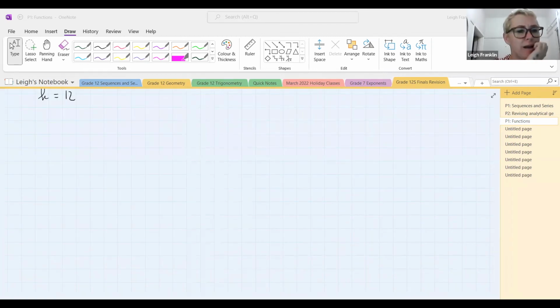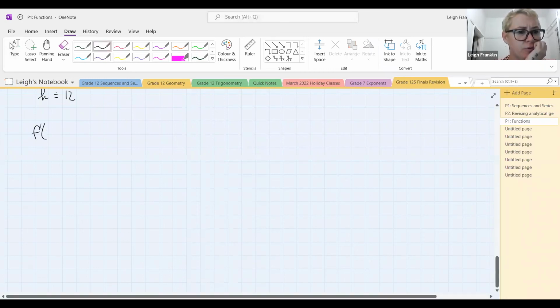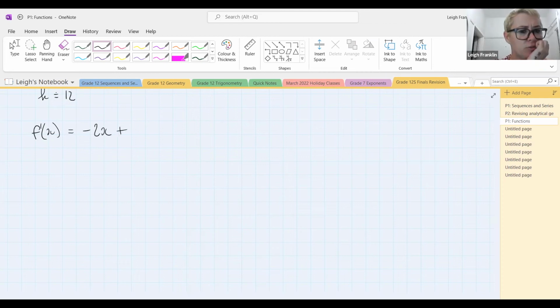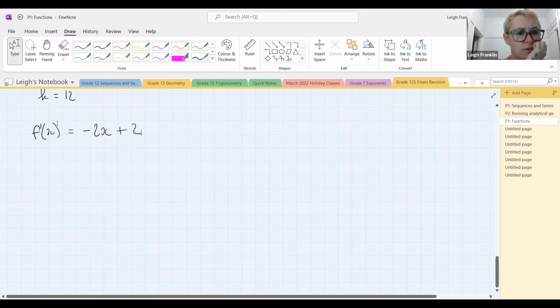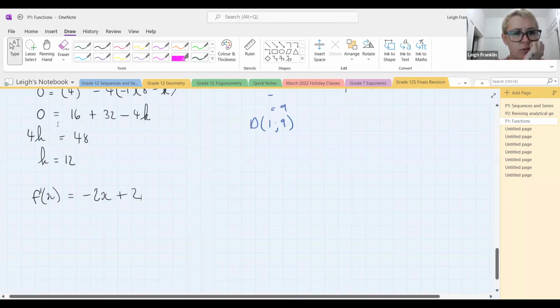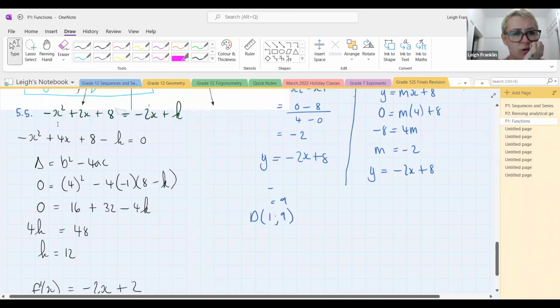If we used calculus rather than nature of roots, if we took the first derivative, we would end up with negative 2x plus 2, right? That would be the first derivative of our parabola.